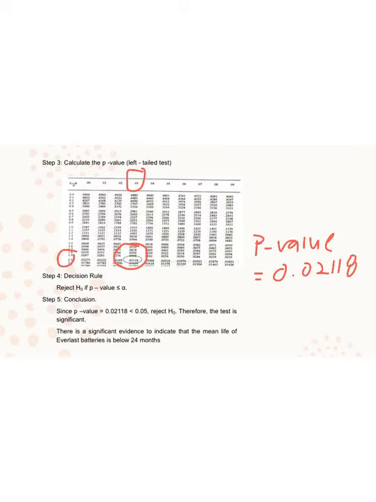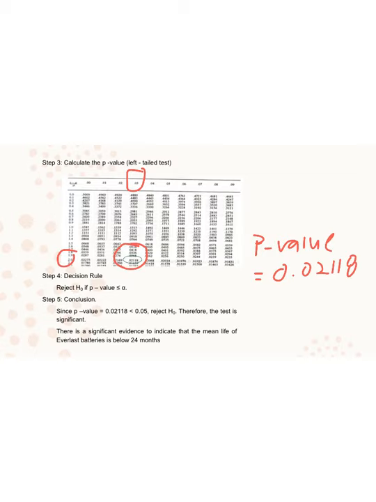Okay. So, kalau guna p-value, decision rule dia satu sahaja. We will reject H0 if p-value less than or equal alpha. Baru kita reject. Okay, so tengok. Alpha tadi kita dah set 0.05. So, p-value kita dapat 0.02118. So, 0.02118 is less than 0.05, right?